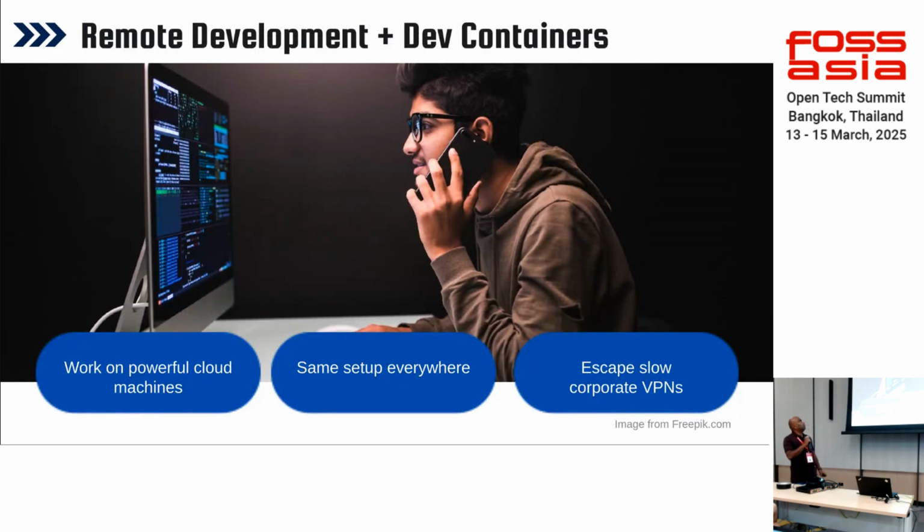And how is it enabling remote development? Now that we are in the AI world, we might want to build a model on powerful machines. For example, I may not have the GPUs that are required to build a model. I might go for a cloud provider who would give the GPUs.